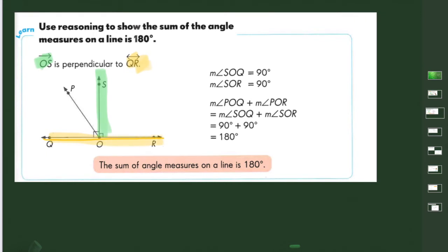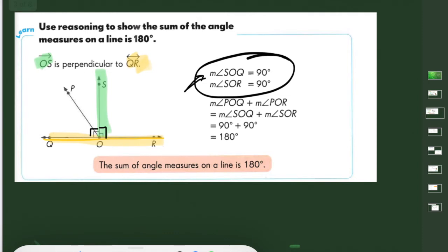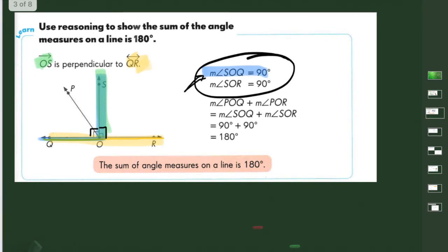line QR. It's perpendicular. And we know that perpendicular lines meet and form right angles, and we know that right angles are 90 degrees. So because we have that background knowledge about what a perpendicular line is, we know that the measure of angle SOQ is 90 degrees, and we know that the measure of angle SOR is 90 degrees, simply because we understood what a perpendicular line is.